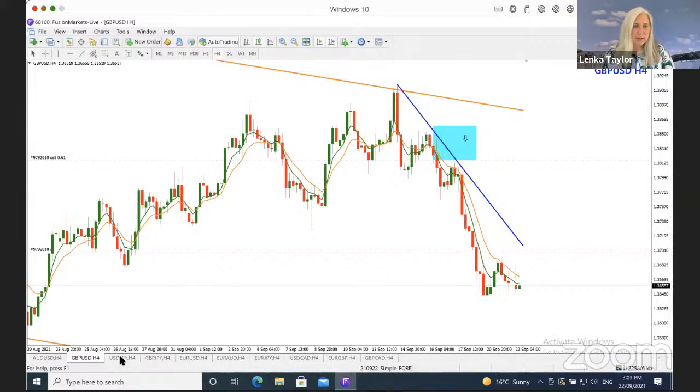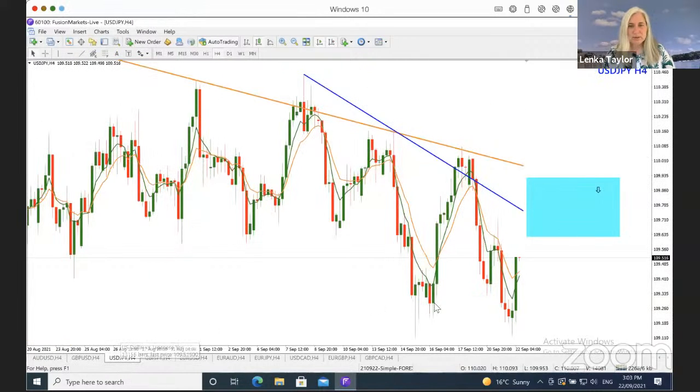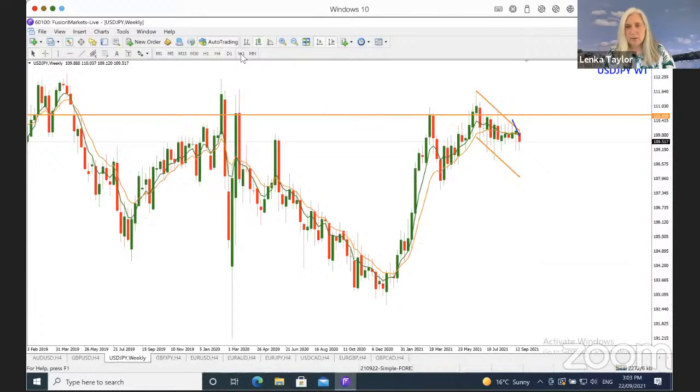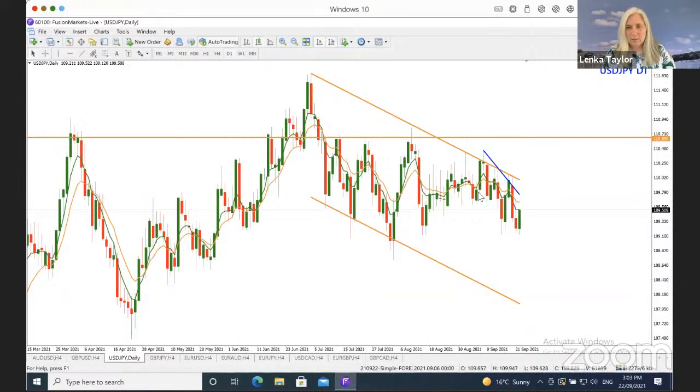The next currency pair I'm looking at is USD JPY. USD JPY, I'm looking for a short. It's still going around in that range. It has dropped down to the bottom of the range.